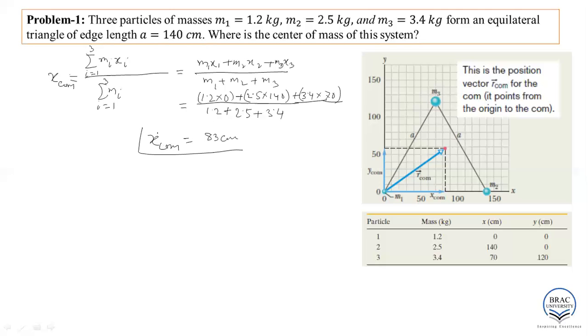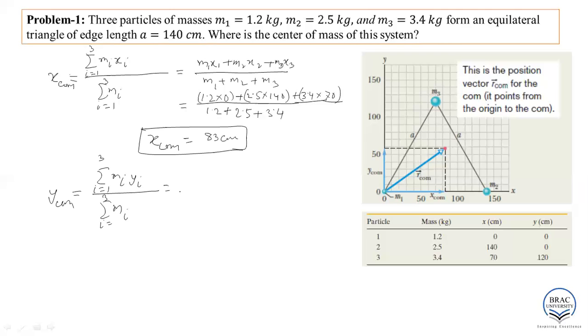It is 83 centimeters. Now we use the same equation for the y coordinate of the center of mass, which is the summation, i equal to 1 to 3, of m_i y_i divided by the summation of m_i.